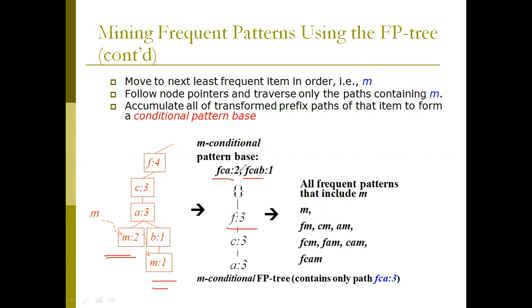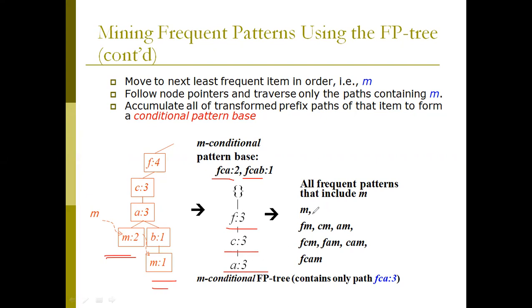C is repeated 3 times, A is also 3 times. Overall, each item is repeated 3 times, which equals the minimum support count, right?